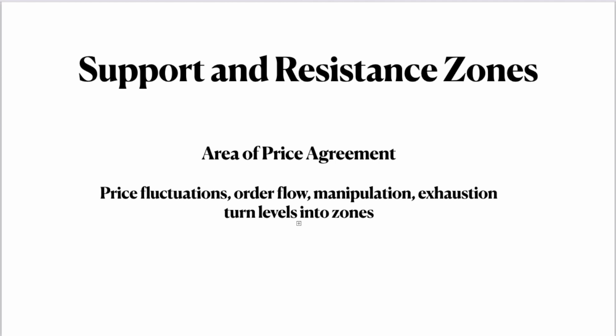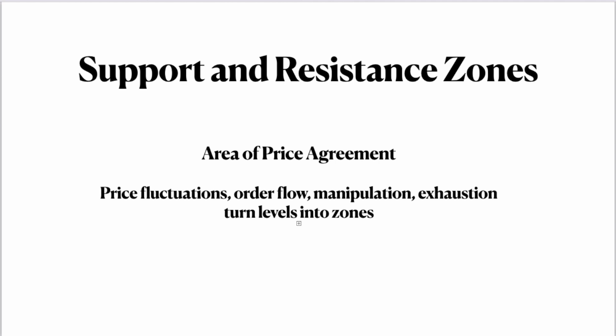In these areas of price agreement, you'll see price fluctuation, determined by order flow, which is basically people getting in the market, setting buy and sell orders. This is where the price is fluctuating. Buyers and sellers are battling.